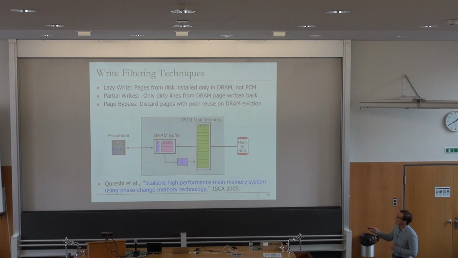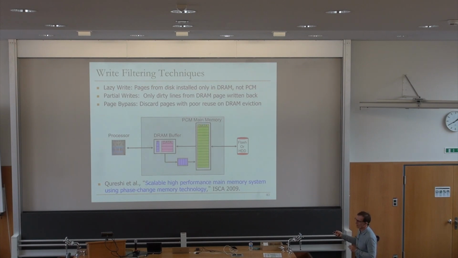Basically, one is the idea of lazy write. Which means that whenever you bring a page from the disk system, you directly put it into DRAM and not phase change memory. Now this actually saves the limited number of endurance cycles that you have in phase change memory, right? You don't write to phase change memory as often because it's precious.